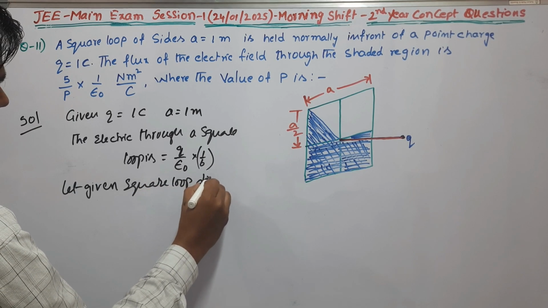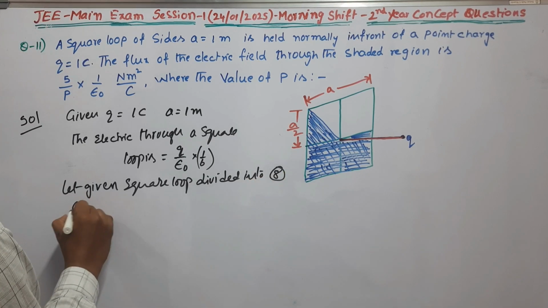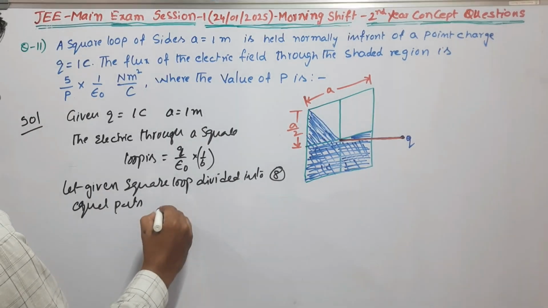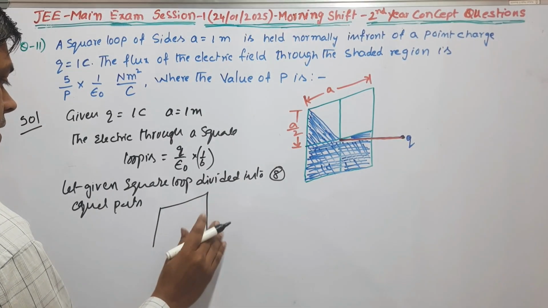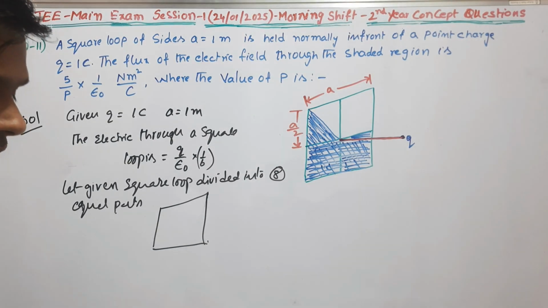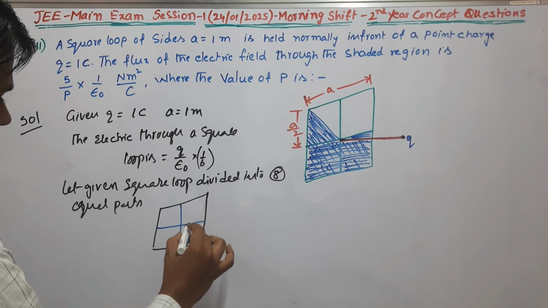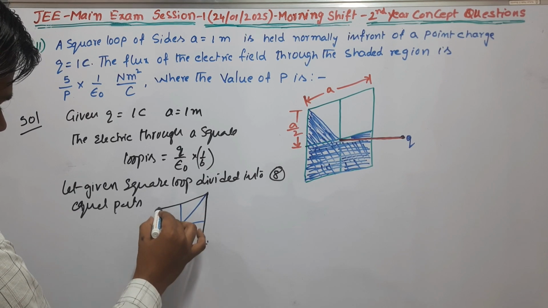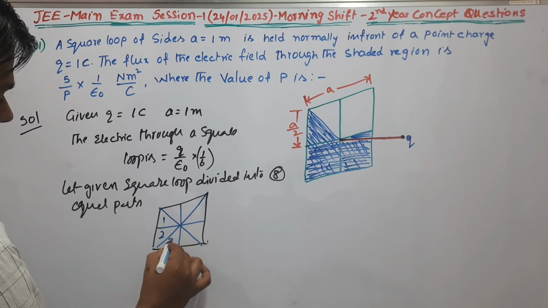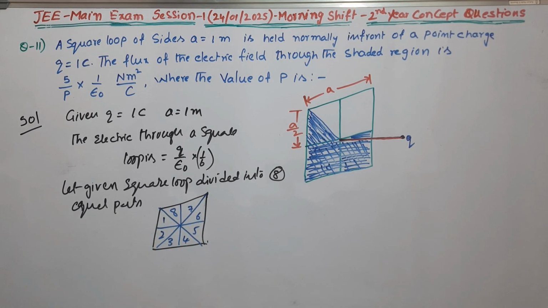Now, this is the given square loop divided into 8 equal parts. How you can say? To see, this is the given square loop, which is divided like this way. So, what happened? This is 1, 2, 3, 4, 5, 6, 7 and 8.